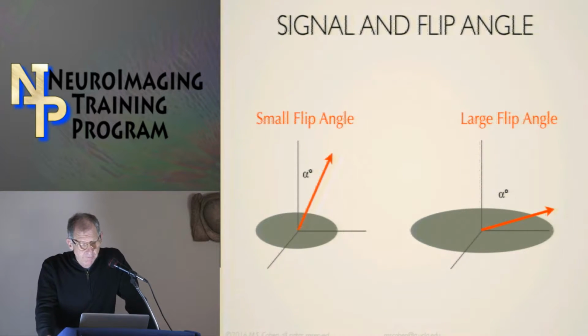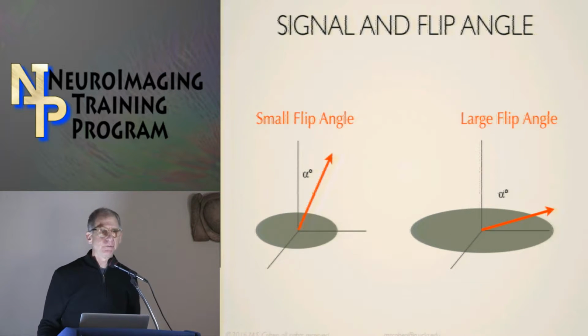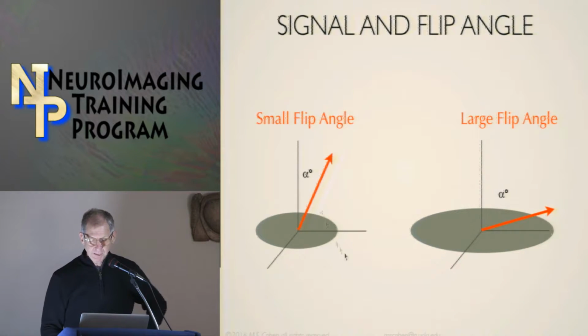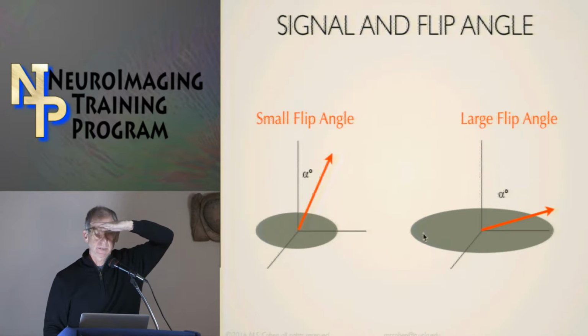Now, many years ago, a gentleman named Erwin Hahn figured out that there is an advantage you can get from not flipping the spins by 90 degrees, but instead by flipping the spins by a smaller amount. And it goes like this. When you flip the spins 90 degrees, you clearly get the maximum signal. You take all the magnetization and make it transverse, okay?